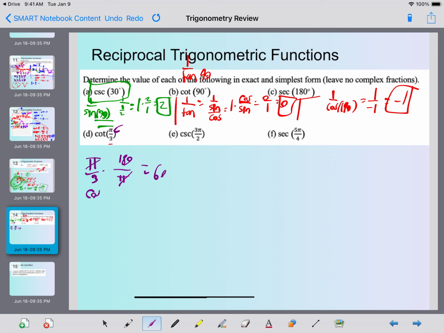So cotangent of 60 degrees. 1 over tangent of 60. That's the same as saying 1 over sine of 60 over cosine of 60, which is the same as saying cosine of 60 over sine of 60.